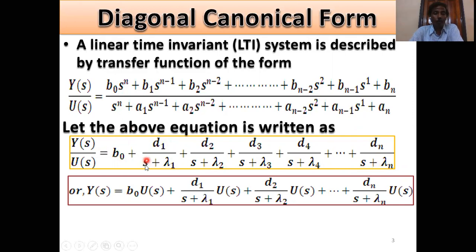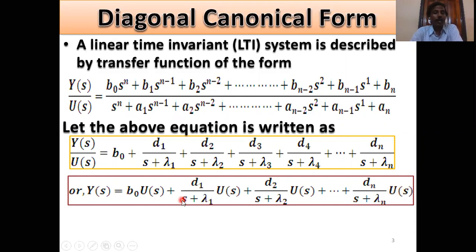For this equation, multiplying both sides by U(s), on the left hand side it cancels, and on the right hand side we get b0 into U(s), plus d1 divided by (s plus lambda 1) into U(s), similarly d2 by (s plus lambda 2) into U(s), and dn by (s plus lambda n) into U(s).